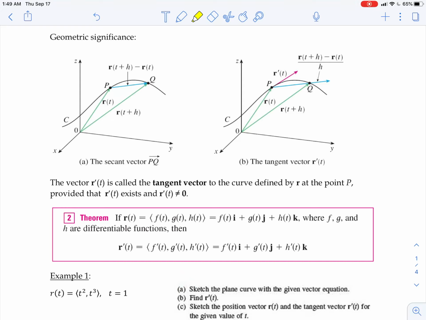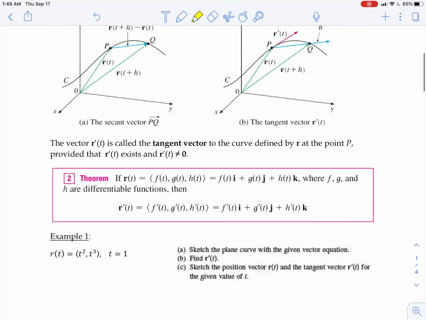And so the vector r prime of t is called the tangent vector to the curve defined by r at the point P, provided that r prime of t exists and r prime of t is not the zero vector. Again, that zero is in bold to show that it's the zero vector, not zero.